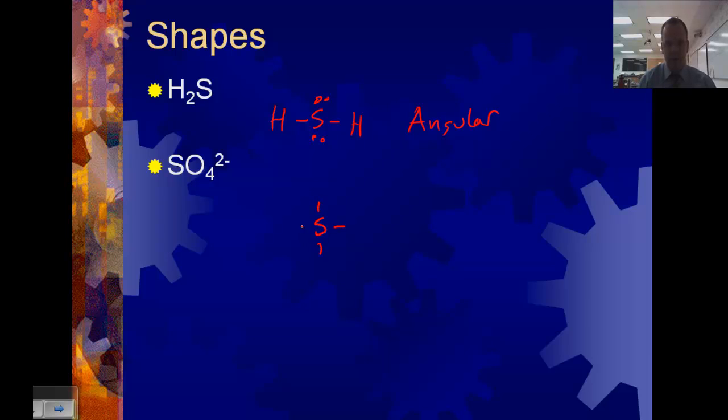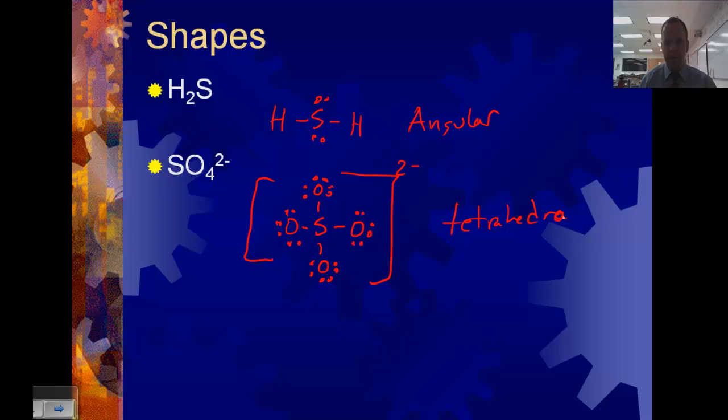Sulfur would end up with 4 oxygens around it, each with 6 lone electrons around the oxygen. So we have 4 things bonded to the central atom, no lone pairs on the central atom, so this will be tetrahedral.